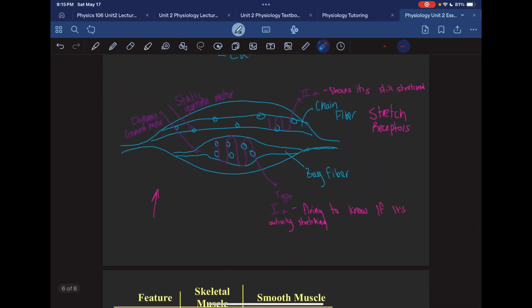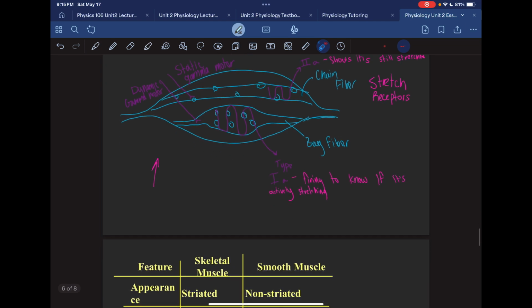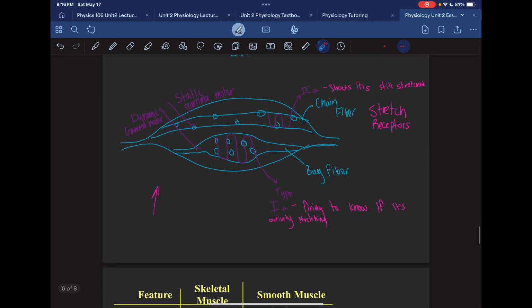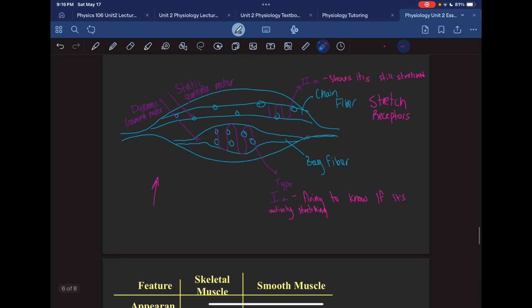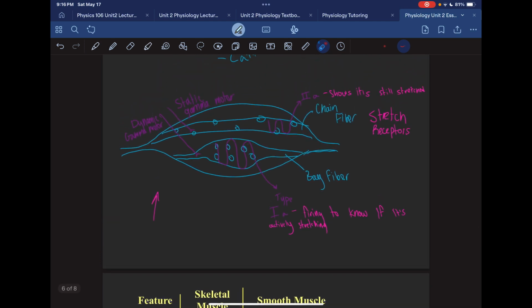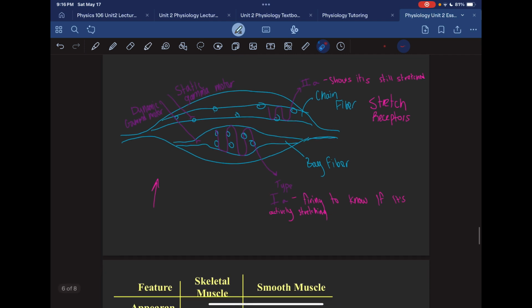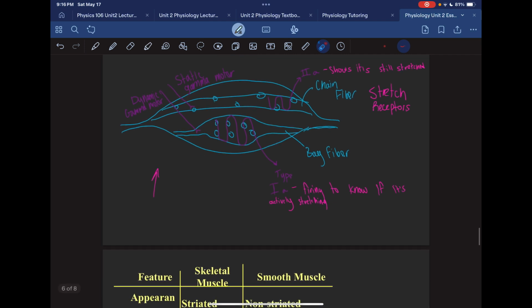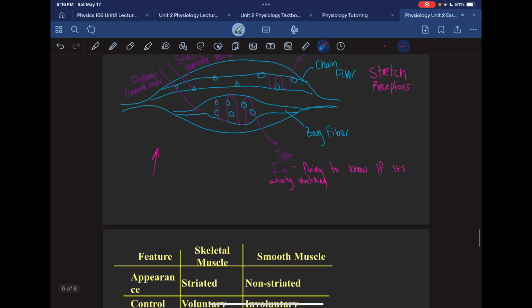Then we get into the chain fiber and the bag fiber. This is a section found within our muscle. It has a type 2A receptor and a type 1A receptor. Type 2A shows our brain and our nervous system that we're still stretched.